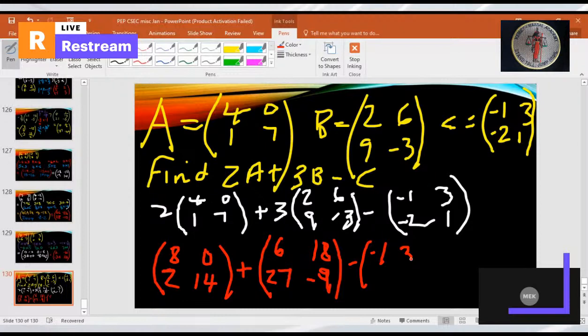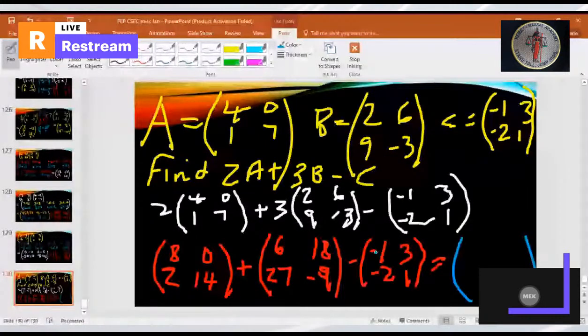All right, so as usual, we're going to work the operation on those that are in the same corner of the bracket. So 8 plus 6 is 14 minus -1. So remember, 14 minus -1 is the same as saying 14 plus 1. When you take away a negative, it's the same as adding.